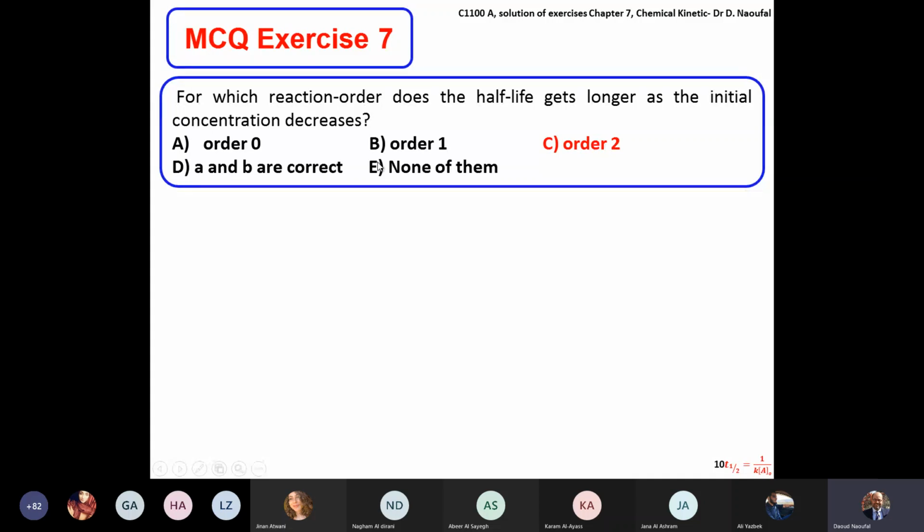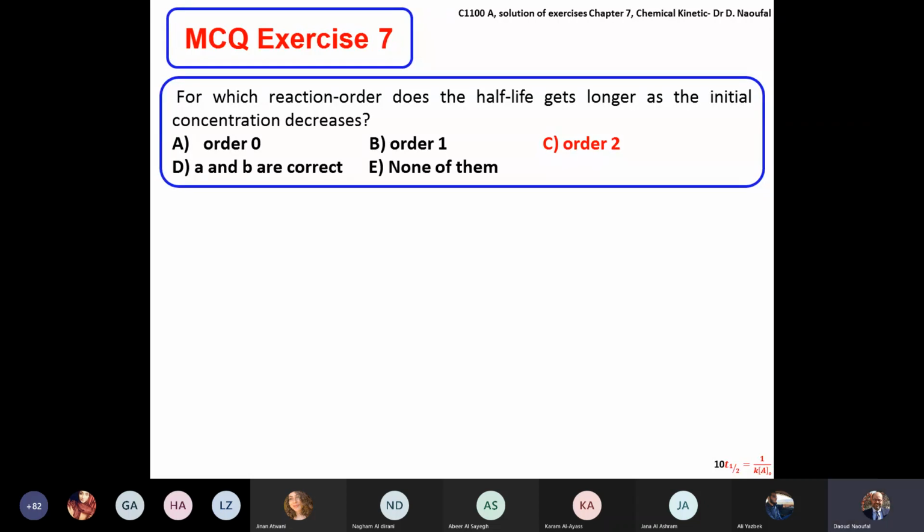We know that the T-half depends on the initial concentration we start with when the order of the reaction is order 0 or order 2.